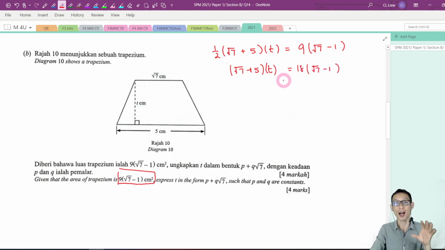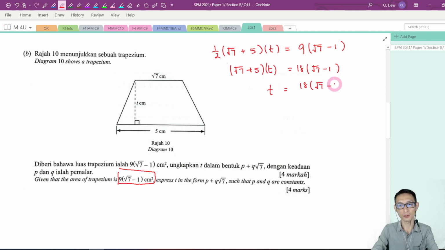Now, I want to isolate the t, right? I want to express t in the form of this. So I need to isolate the t. So t is equal to 18 times square root of 7 minus 1 over this whole thing. So what I'm going to do next is rationalize the denominator.